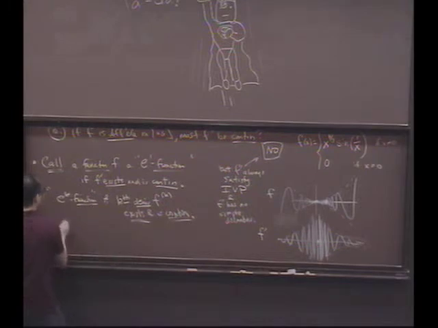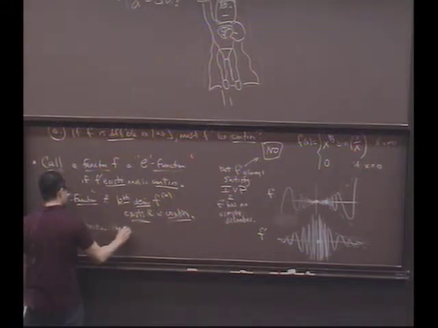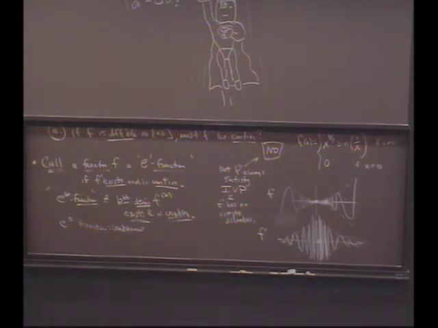I should mention C0 is a special name. This is continuous functions. And if you take derivatives many, many times, and if all the derivatives exist, we have a special name. Those are called C infinity functions, all derivatives exist.